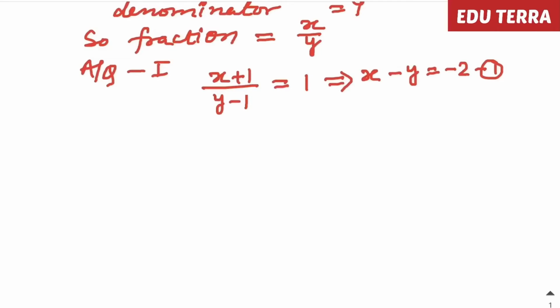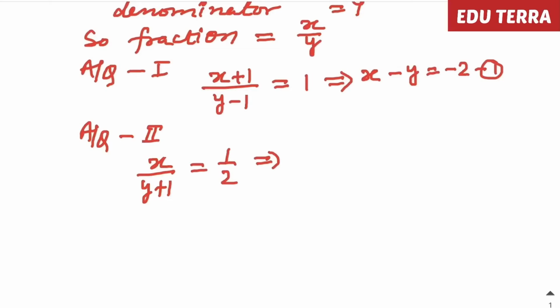It becomes 1 by 2 if we only add 1 to the denominator. So according to condition number 2, it means x upon y plus 1 equals to 1 by 2. Here you will get 2x minus y equal to 1. It is equation number 2.